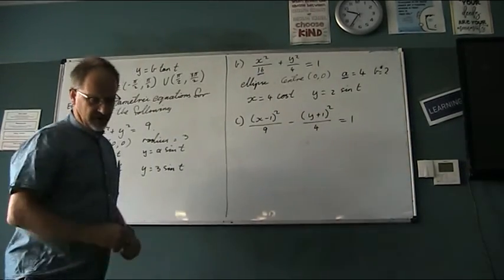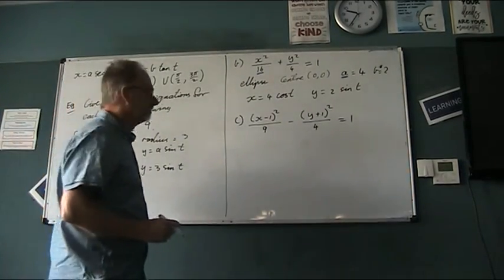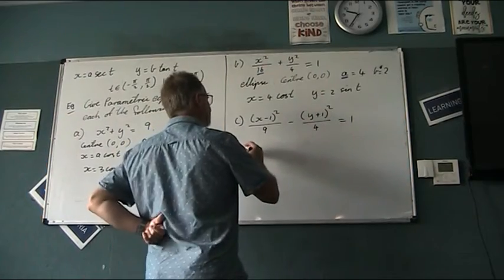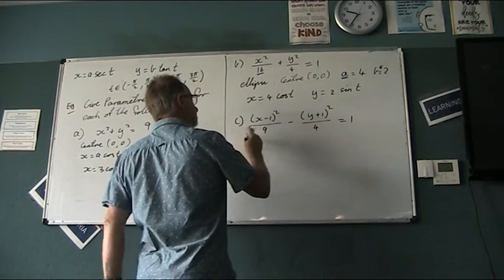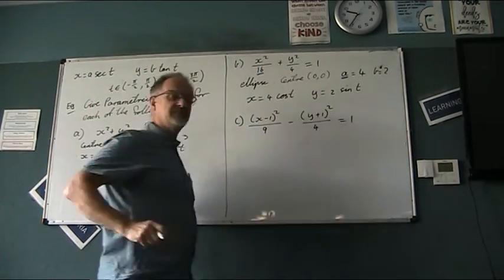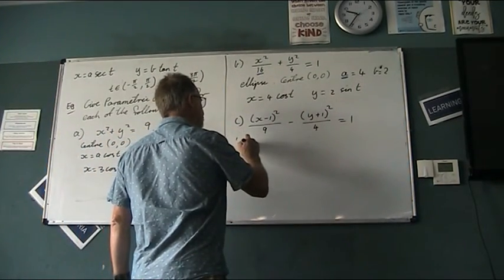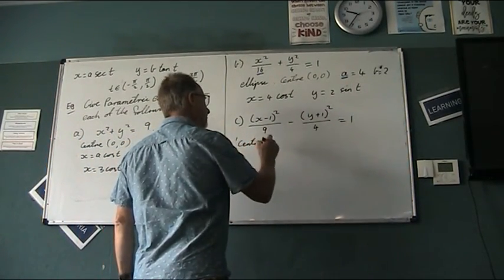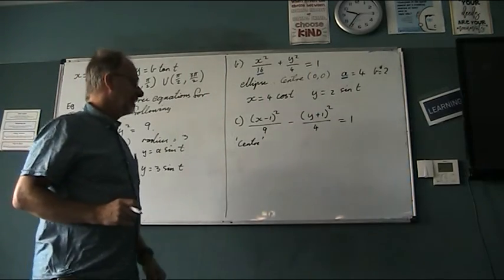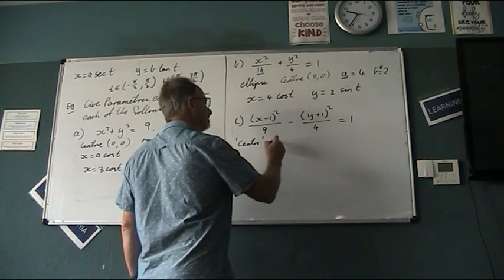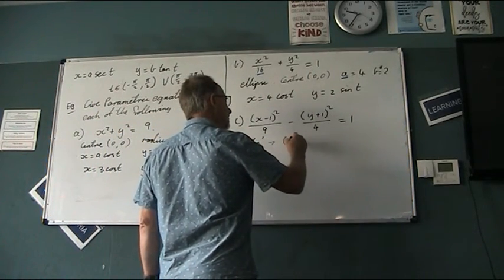All right, what do we got? Got a hyperbola. And so we've got something else that's going on with this hyperbola, and that's that the centre of this hyperbola is where? 1 and -1.